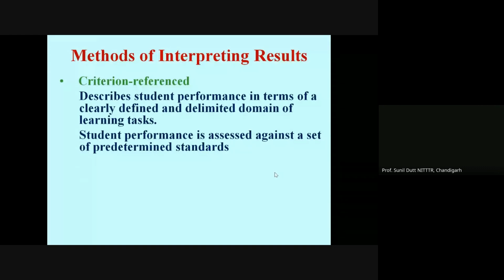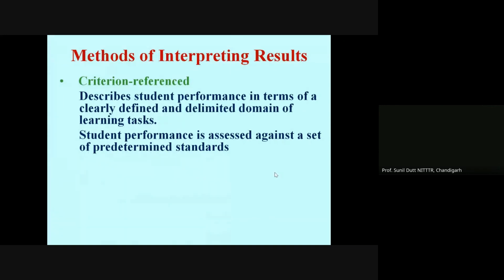That is, the learning outcome is defined first, the question is defined first. Now, you will see his answer. If it is 100% correct, you will give him marks. So whether he has attained mastery over that particular learning outcome or not, you are not comparing his performance with the performance of another student.